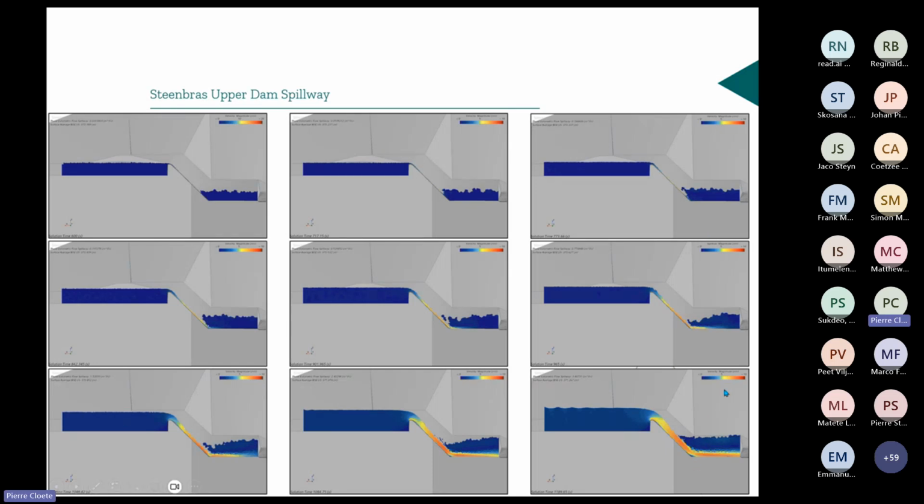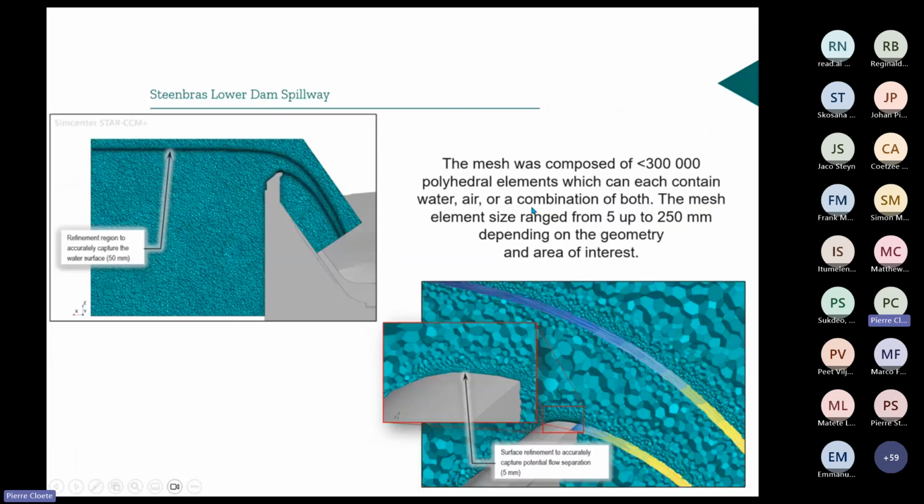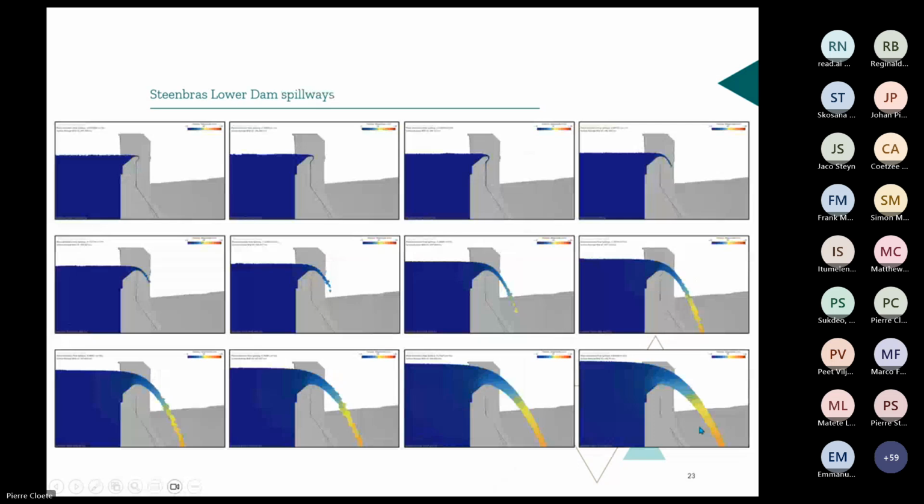In terms of velocities for the upper spillway, it seems to be in the region of 7 meters per second. And then for the lower, at the free flow or the free fall at least, it is probably about 15 to 16 meters per second.